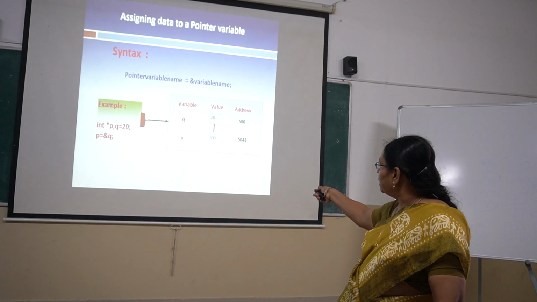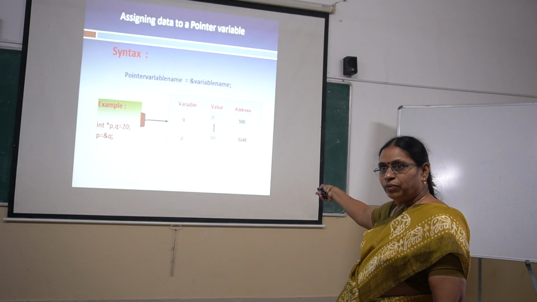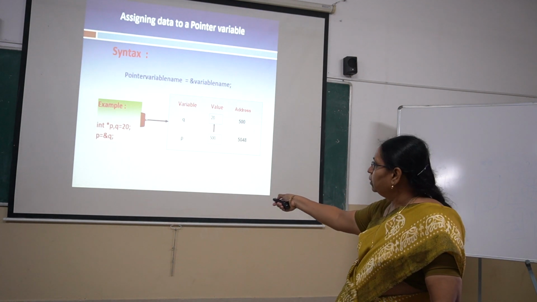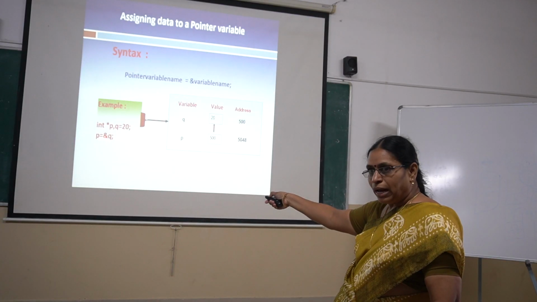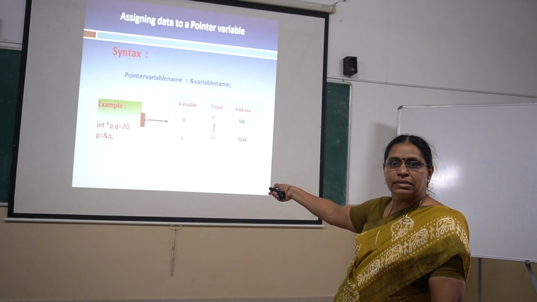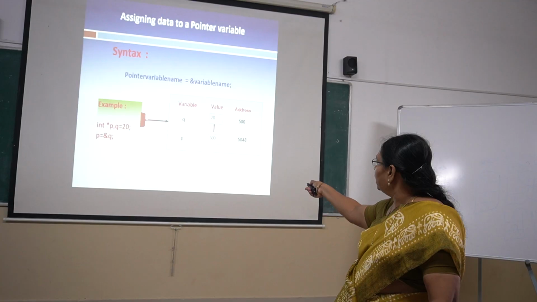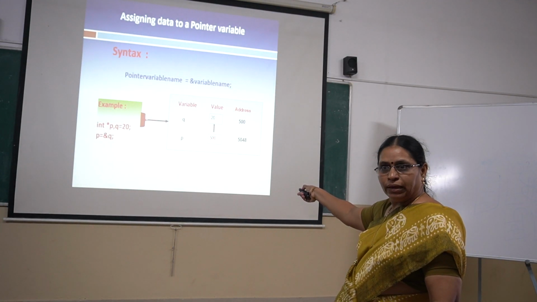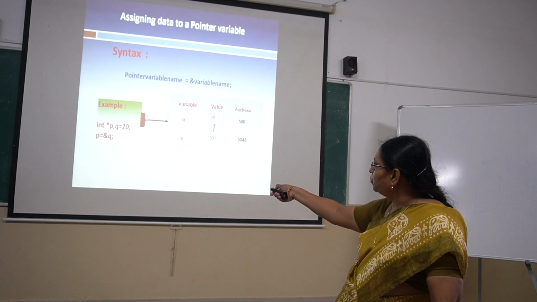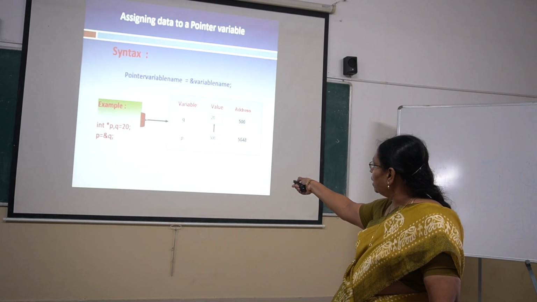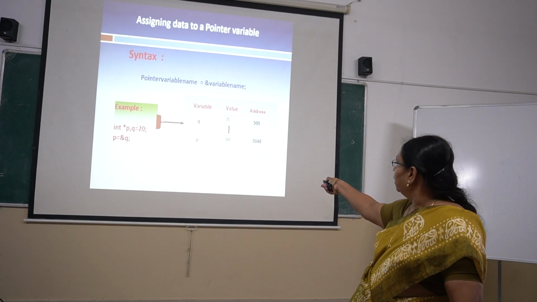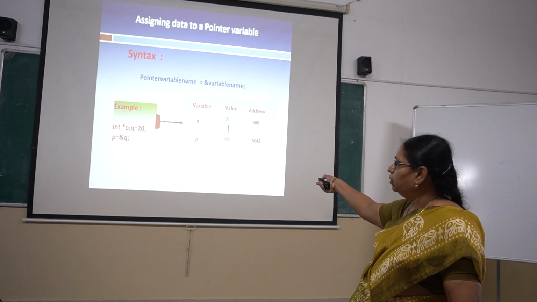Consider p is stored at address 5048, and q is stored at address 500. Since p equals address of q, p contains the address of q, so the value of p is 500. The value of q is 20, stored in memory at address 500.